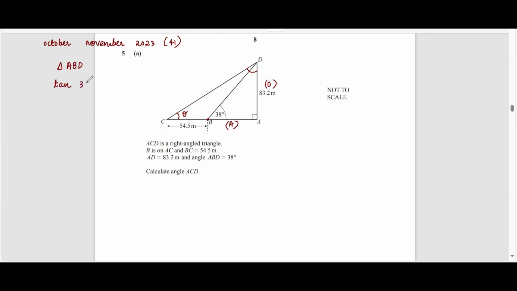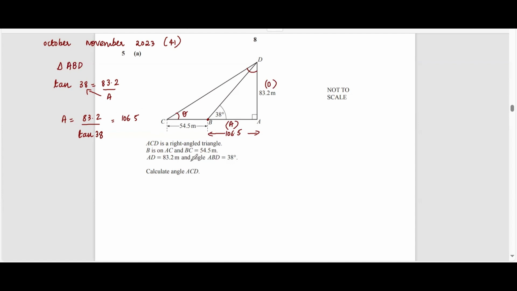So tan 38 is equal to opposite, 83.2, over adjacent, which we take as A. When you cross multiply, you will get A equals 83.2 divided by tan 38. Let's put this in calculator. 83.2 divided by tan 38 gives 106.5. So that is this distance from A to B.